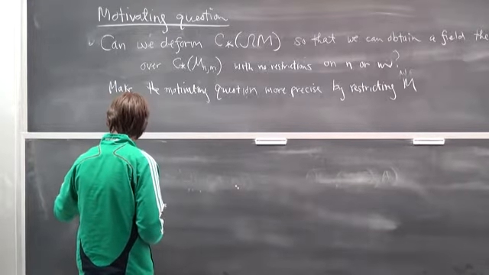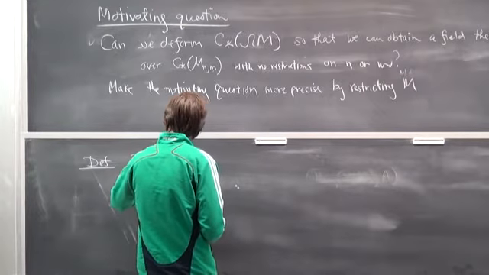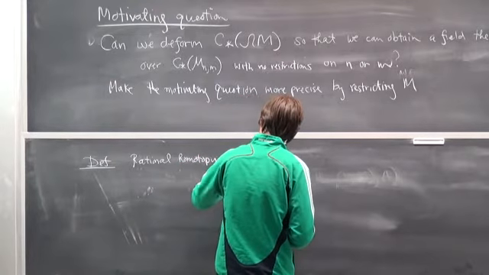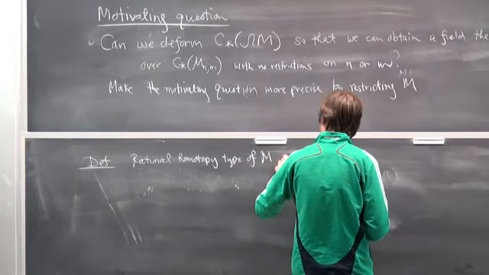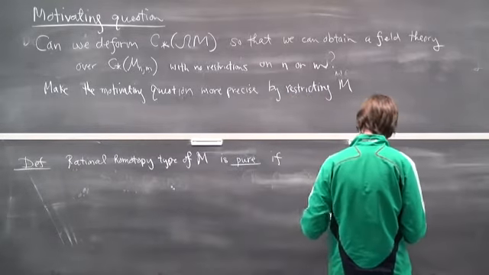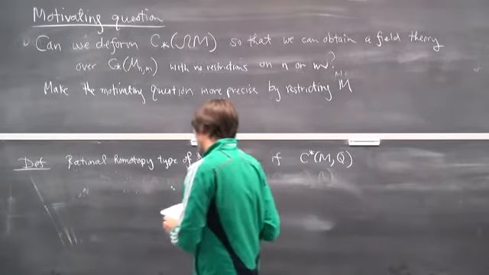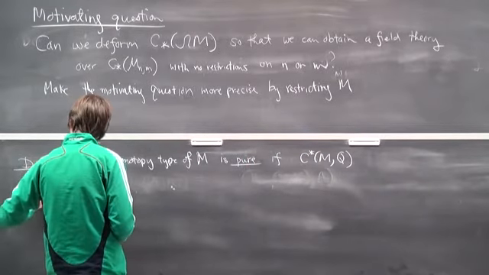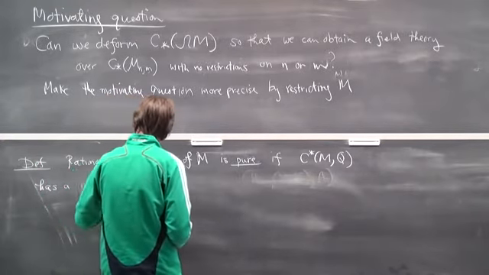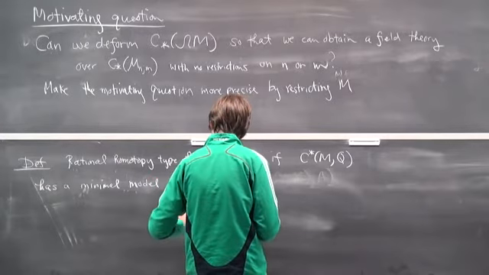We're going to say another definition. The rational homotopy type of M is pure if cochains on your manifold, with coefficients in Q, has a model of the following form.